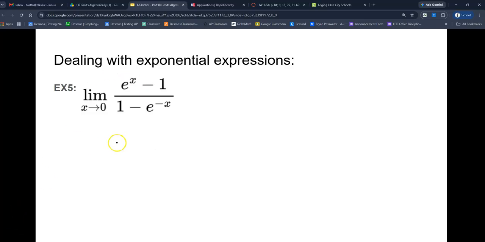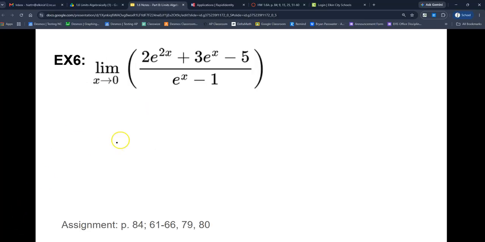Let's hold off on the exponentials for today. We'll try to do those at the beginning of class tomorrow. So let me see what I need to take off of your homework assignment, if any. Let's see, 61 through 66. You should be good on all of those. 79 and 80 are the ones to take off.